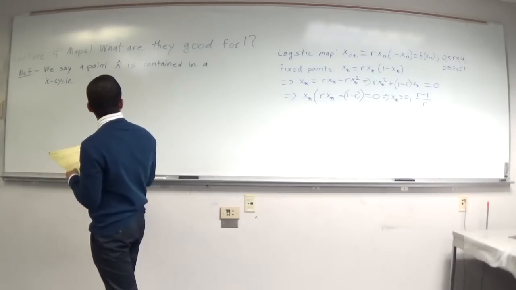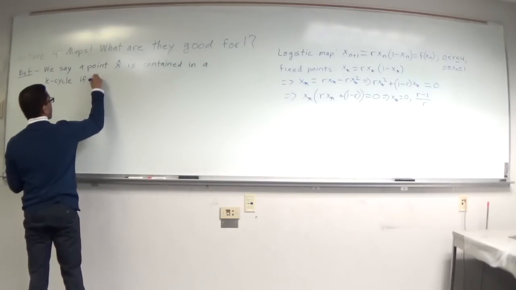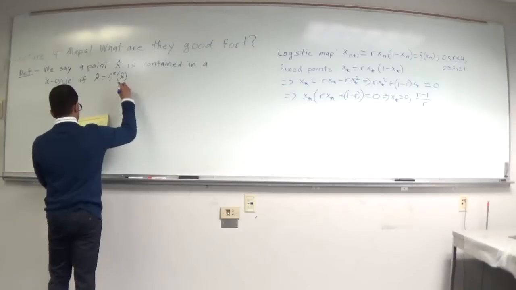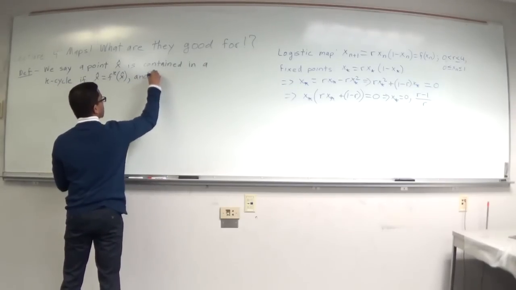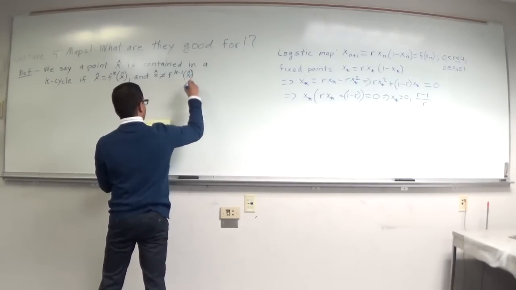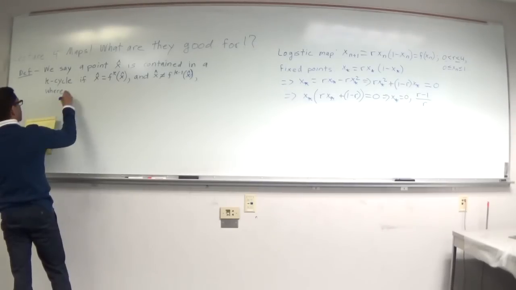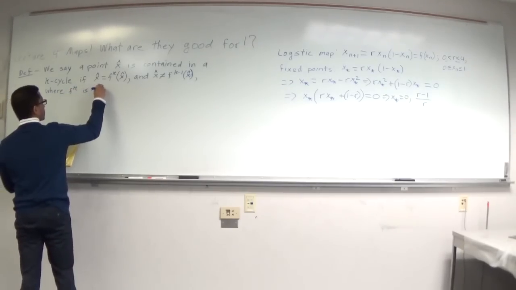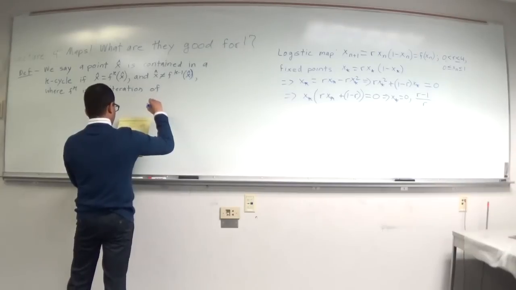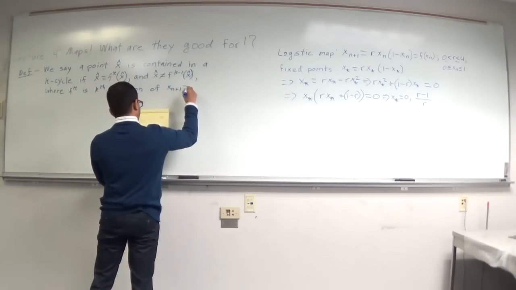So we say that x hat is contained in a k cycle if x hat equals f^k of x hat, but, or and, x hat does not equal f^(k-1) of x hat, where f^k is the kth iteration of the difference equation, or the map, x_{n+1} = f(x_n).